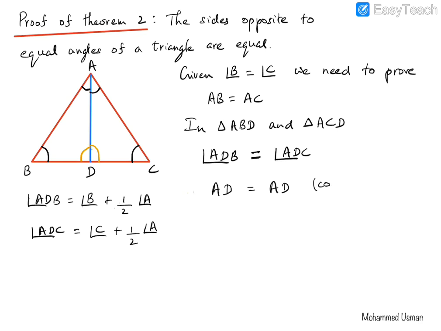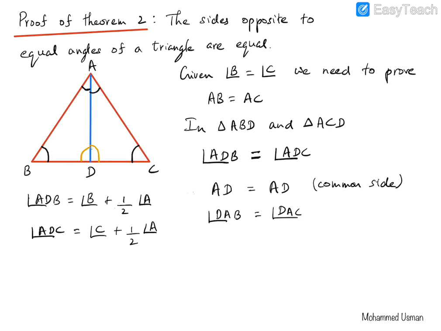So you can write that as common side. And we have angle DAB equals DAC. Angle DAB equals angle DAC, because both of these are equal to half of the angle A.